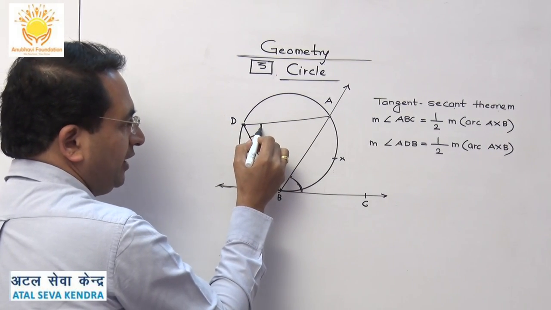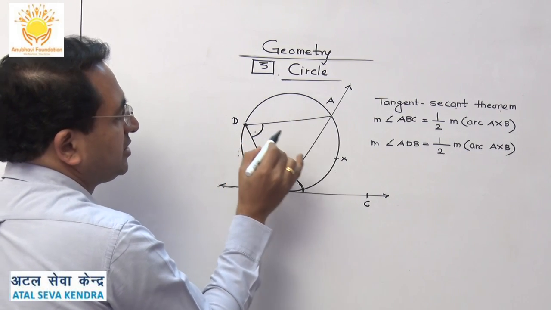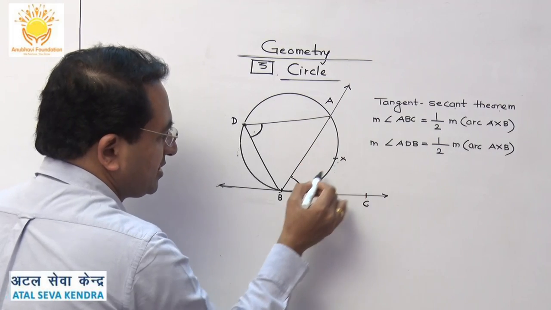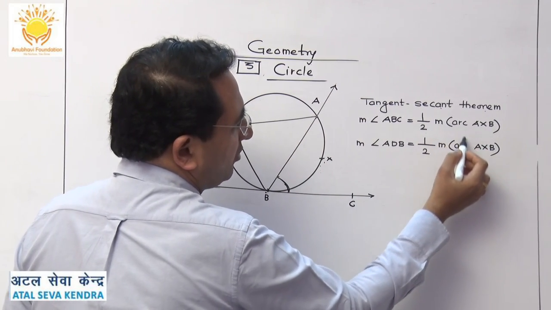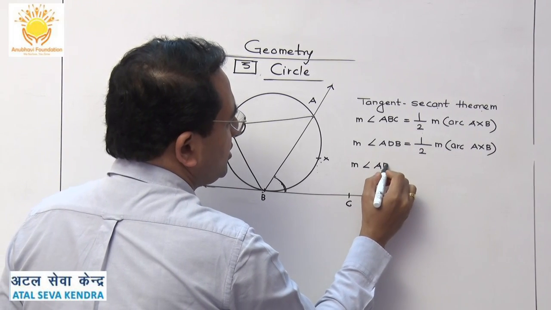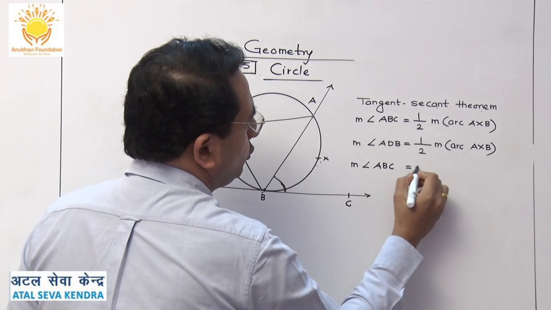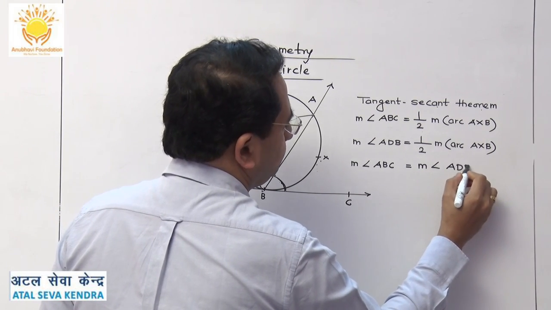That is why we call it an inscribed angle. That inscribed angle is half of AXB. Now if you see the right hand sides, they are same. Therefore we say that angle ABC is equal to major angle ADB.